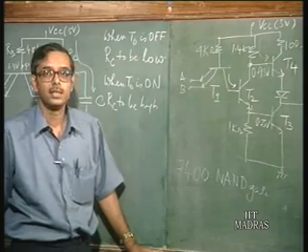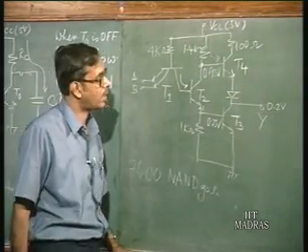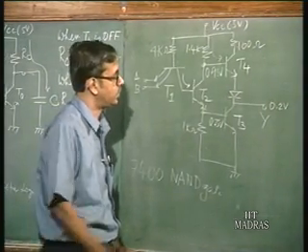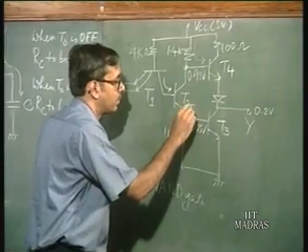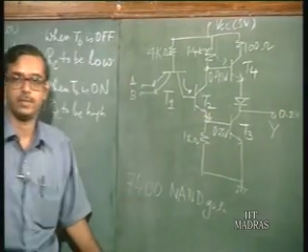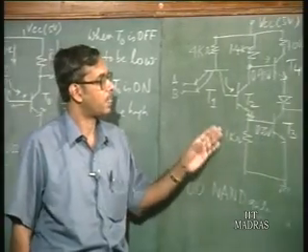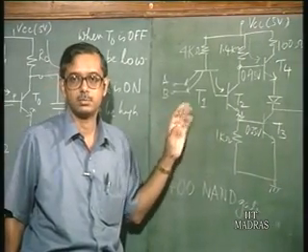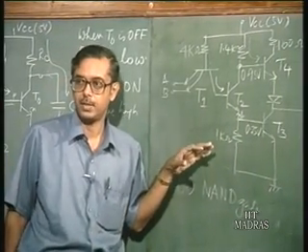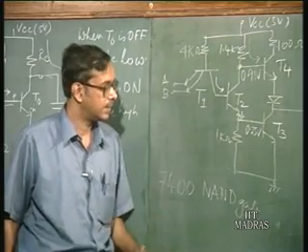So the next thing we should do is go into it a little more quantitatively in order to understand the working of this circuit, that is the input output voltages, how it looks like, the characteristics of this circuit.